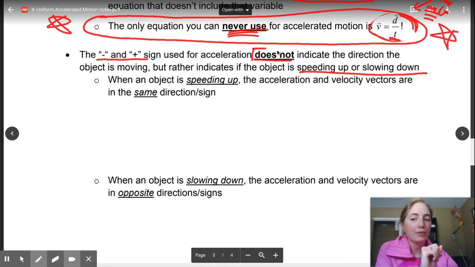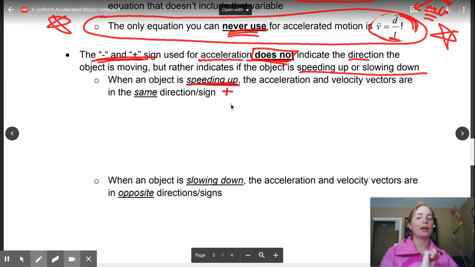Okay? The plus and the negative sign for acceleration does not tell you the direction the object is moving. So positive acceleration is when an object is speeding up.